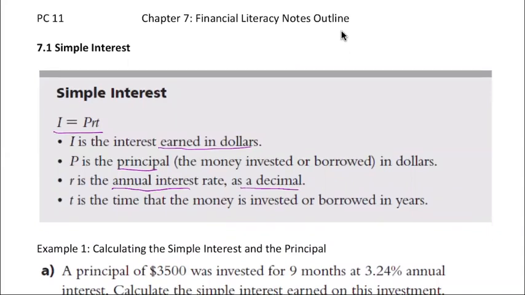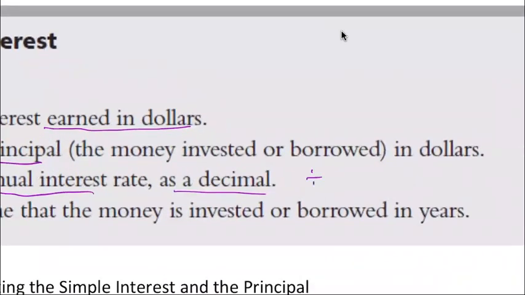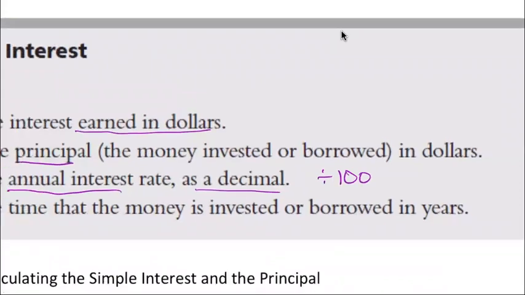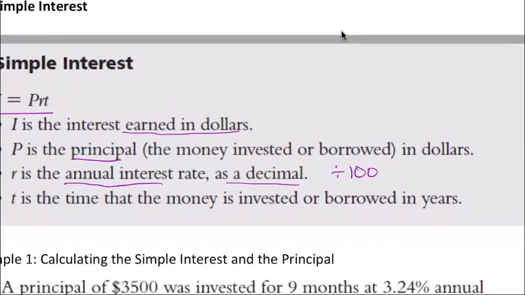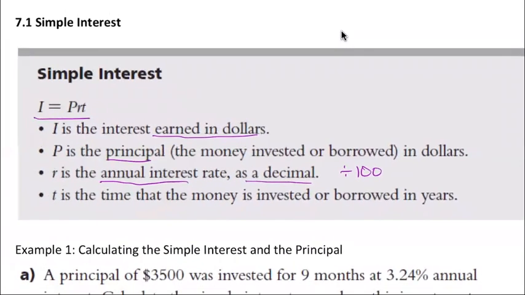And hopefully you remember that in order to convert a percentage to a decimal, you have to divide by 100. And so we have to use the decimal value. And T is time, the money is invested or borrowed. And this has to always be in years. So whatever you're given, whether you're given weeks or months or days, you have to convert it to years.